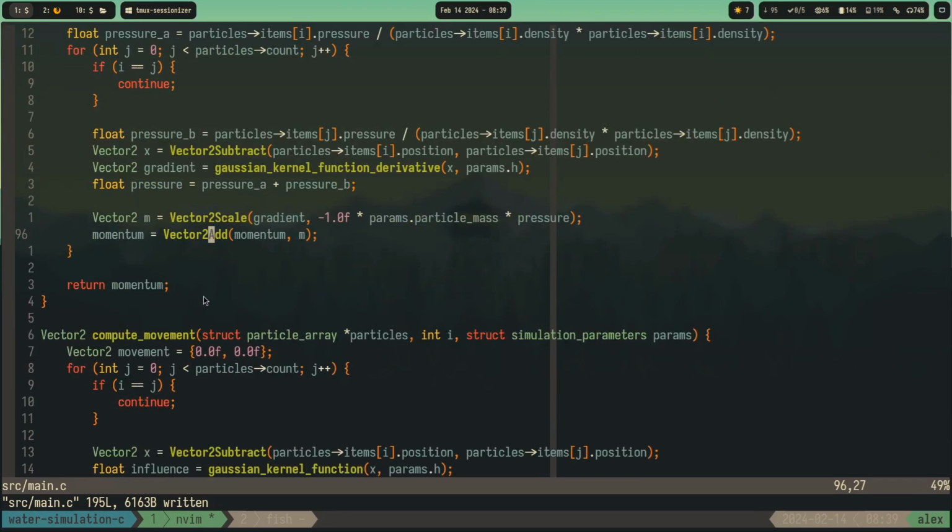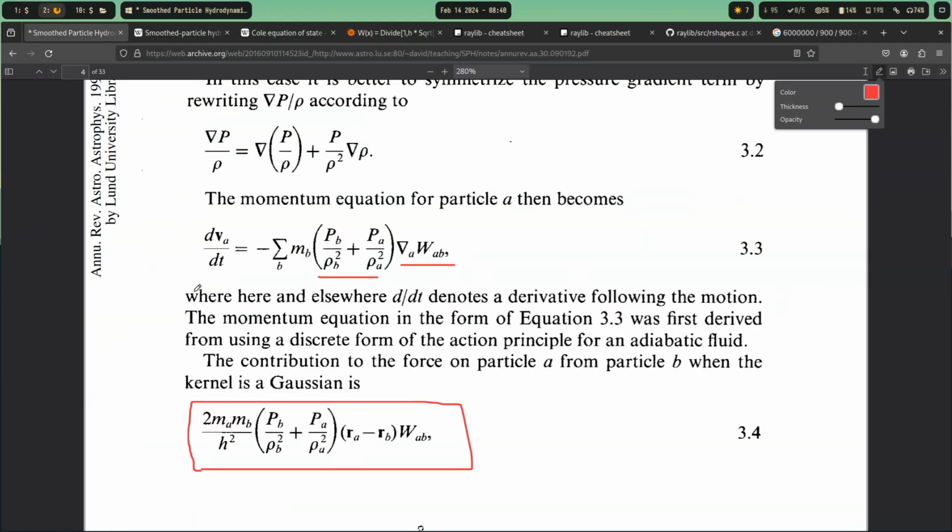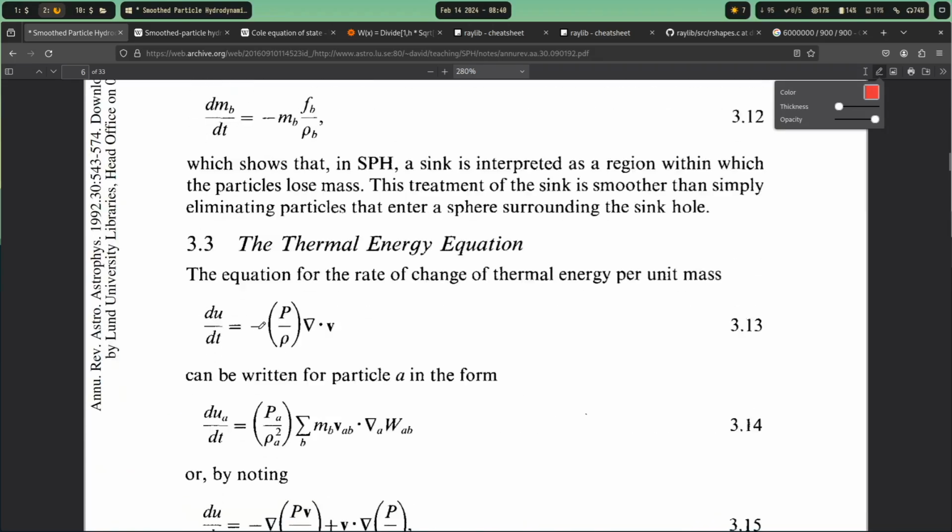And then we have the compute movement, which is just this one.